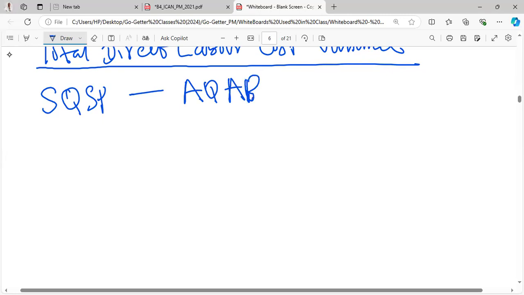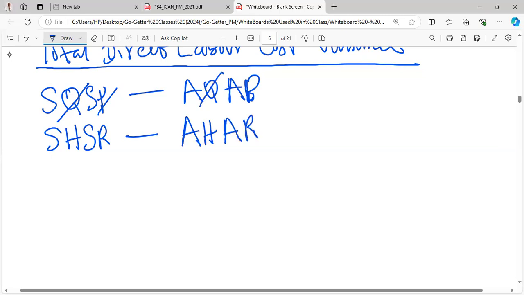What we will now do is change this quantity to standard hours. So quantity changes to hours. This price will become standard rate. So price changes to rate. Then this is now actual hours.